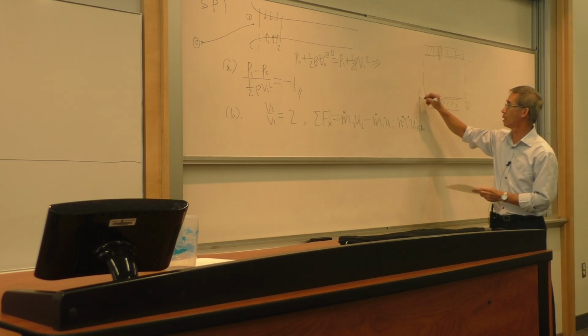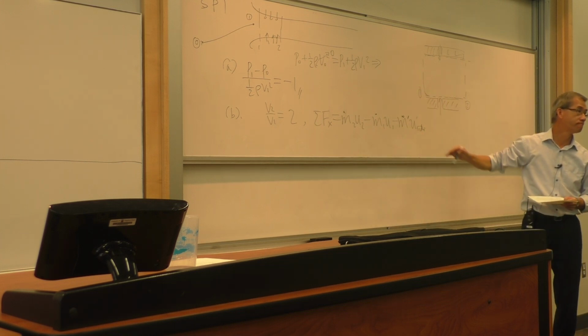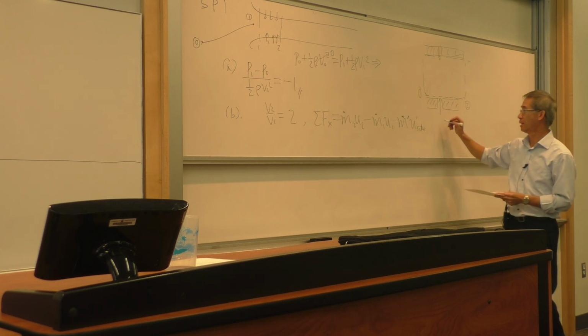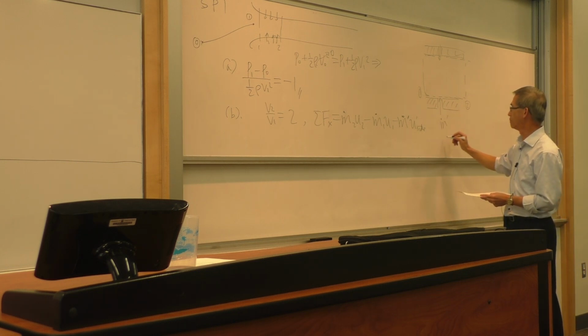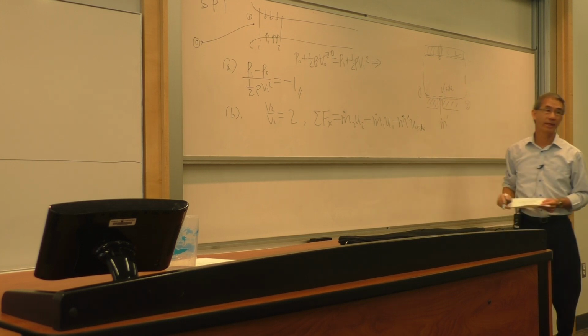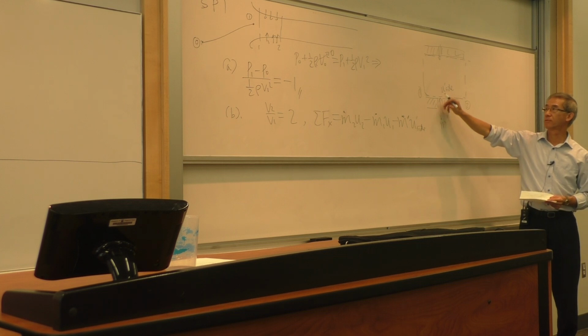And then at station 1, that's very traditional, right? The trick is the remaining part. I call it m dot prime, and the velocity in the x direction entering my control volume from the side.